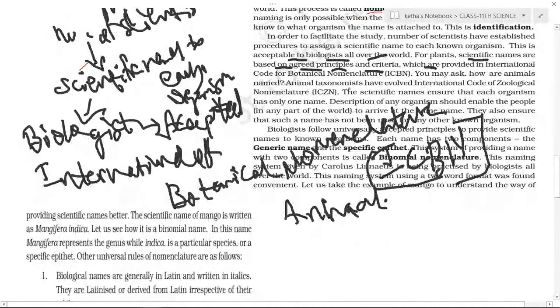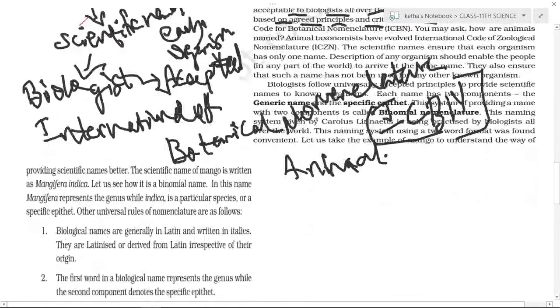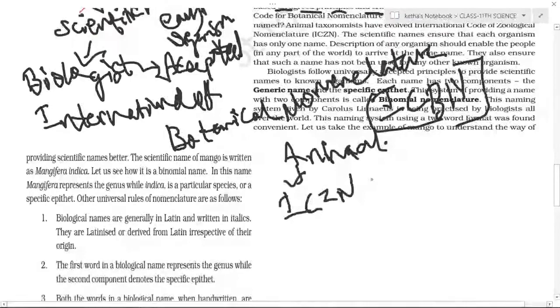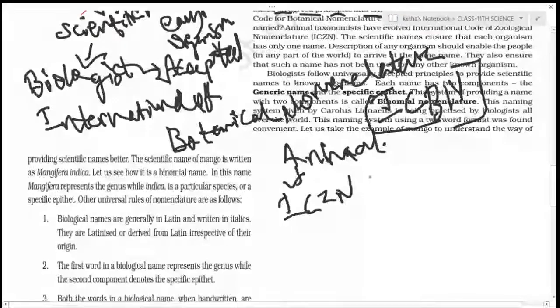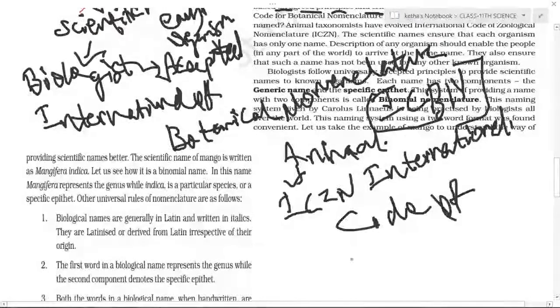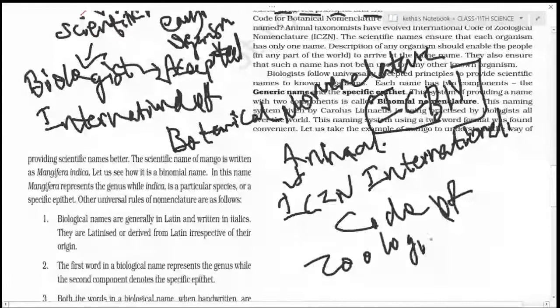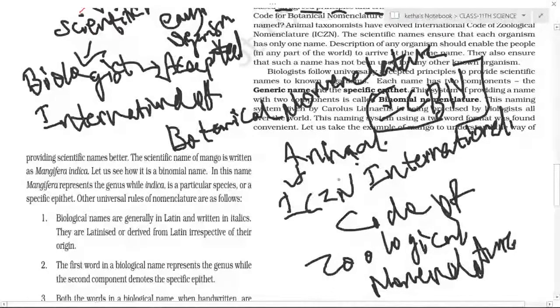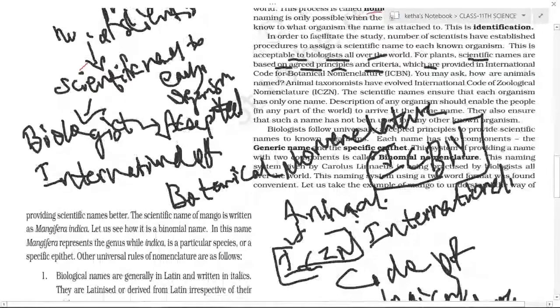Animal taxonomists have evolved the International Code of Zoological Nomenclature, the ICZN. Animals have been placed under this ICZN. So these two are important, which we will have to note down.